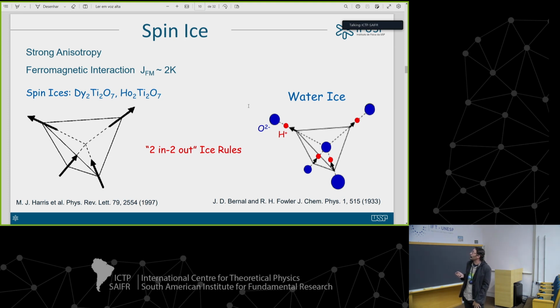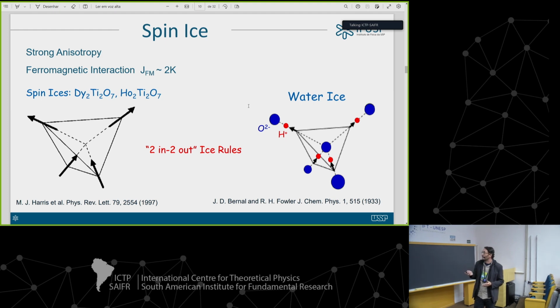So in water ice, you always have two hydrogens close by to the oxygen and two far away. So it's a very similar situation. The hexagonal lattice of the ice is one of the structures. It's very well defined, but the proton positions on this structure are not unique. So there's again frustration here.